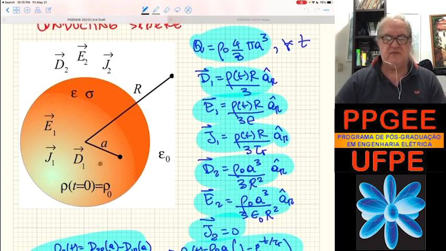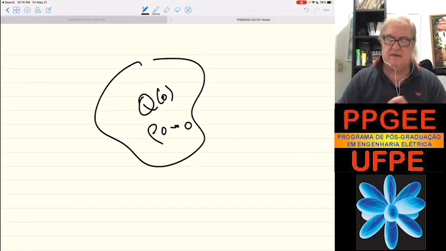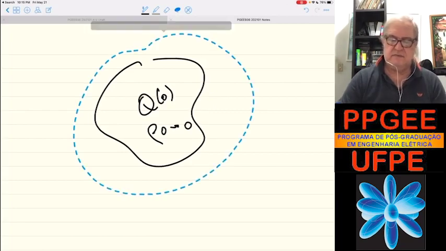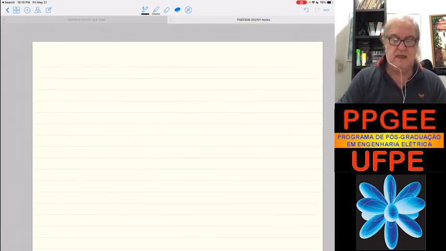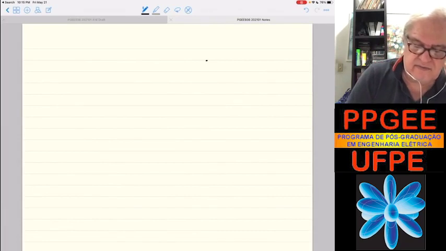We know the solution for rho as a function of time. The density is going to vary like this.